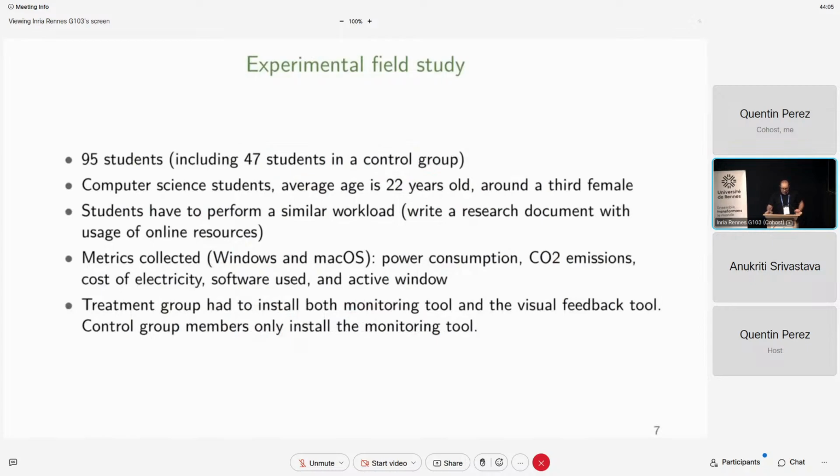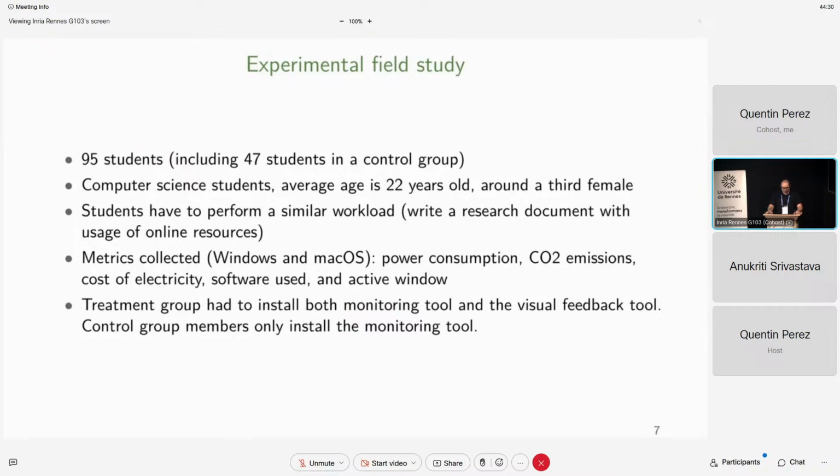We had roughly 100 users, and half of them were in the control group, which didn't have this visual feedback. They were mostly computer science students in their final year, a third female, two thirds male, but we had the same distribution between the control group and the treatment group.